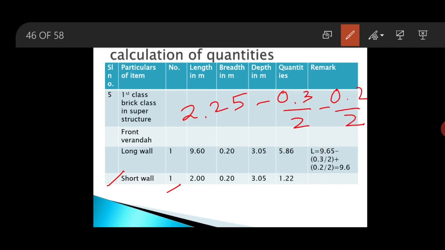The number of short walls is 1, so the length becomes 2 meter, width is 0.2, height is 3.05. Multiplying all these, we will get the quantity as 1.22 cubic meter.